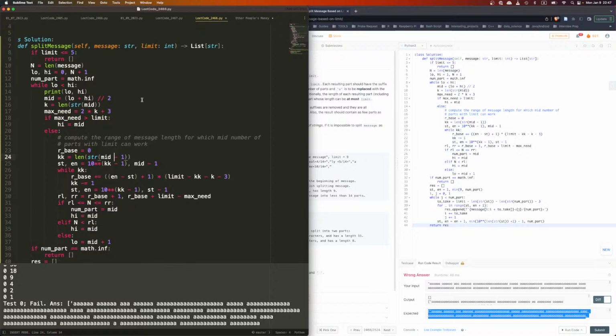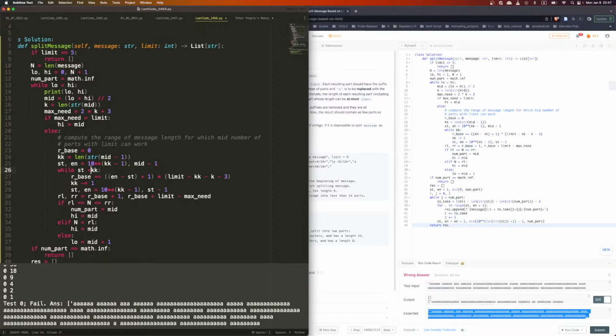N shall be the whole thing. No, range left is, so range base shall be 0. Alright? Range base shall be 0.